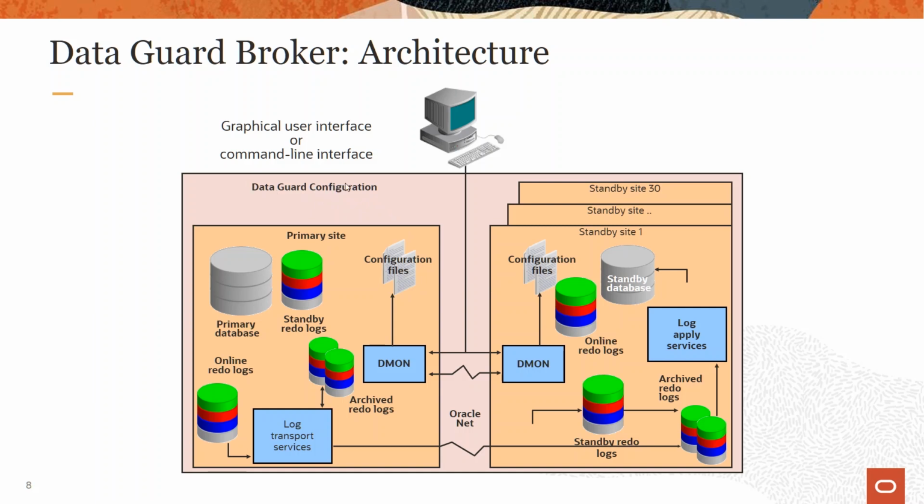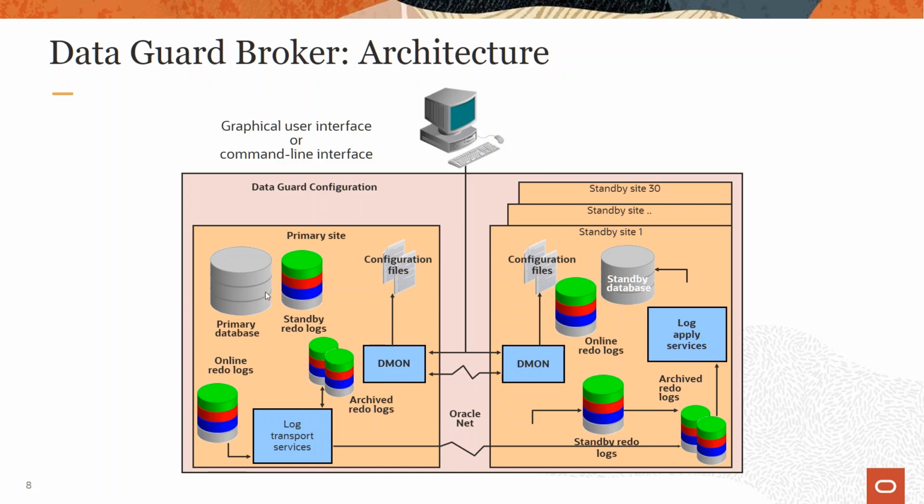And then we can actually register primary database and standby databases. In the primary database, we have online redo logs and standby redo logs and archived redo logs. And also in the standby database, we have a standby database and also a log apply service, and also standby redo log file, online redo, archive redo.